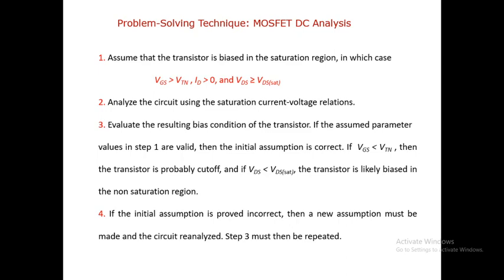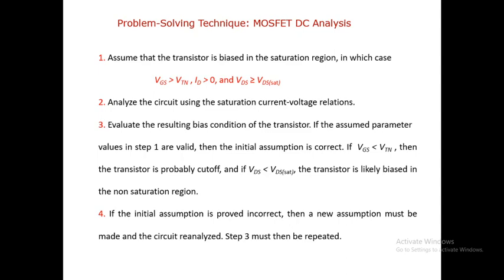If the initial assumption is proved incorrect, then a new assumption must be made: assume the transistor operates in the non-saturation region. Apply the equation of current for the non-saturation region and then verify VDS is less than VDS saturation.